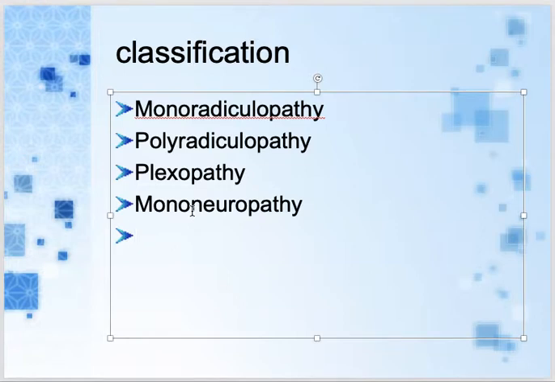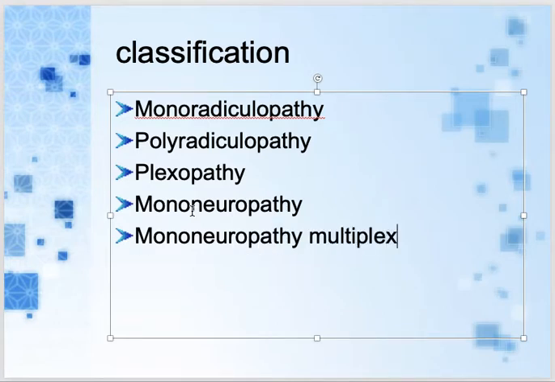Then there is a term called mononeuropathy multiplex. Now this is something more interesting. Why? Because in mononeuropathy multiplex, again, one nerve is involved, but they put multiplex because this defect involves multiple discrete nerves.